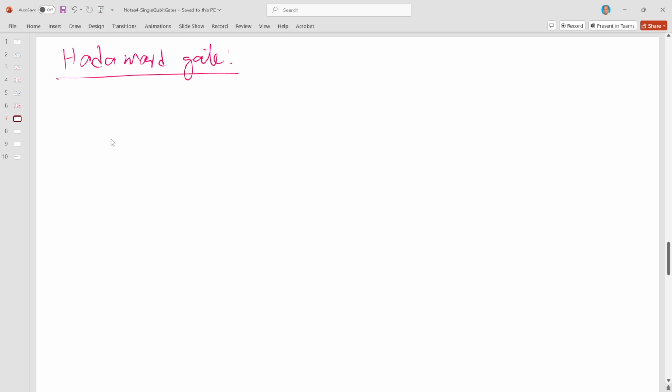All right, so this Hadamard gate has a symbol H, and let's see its operation. So this is a gate defined by this little bit terrifying matrix at this stage, and let's see what it does.